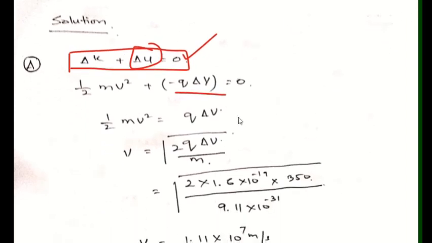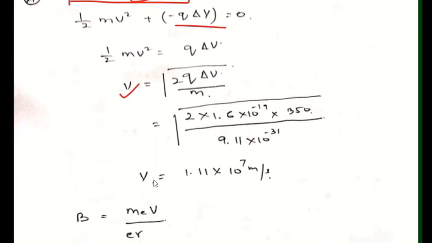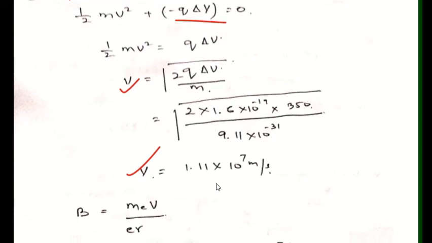From here, rearranging the equation to find v, and putting in the values, I get v equals 1.11 times 10 to the power 7 meters per second.